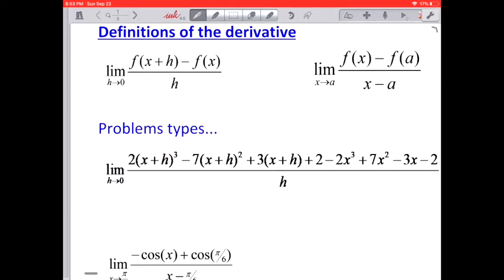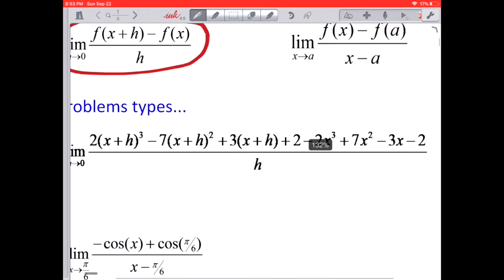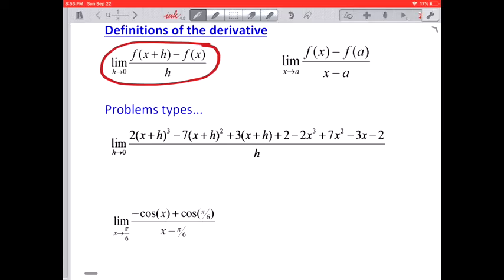The first thing we're going to look at is the definition of the derivative. On the left, we have the one you're probably more familiar with. That's the limit as h goes to 0 of f of x plus h minus f of x all over h. And if we look at this common problem type below, you'll see an ugly mess, but you'll notice x plus h's. Now, if you carefully distribute the negative through to all of these, you will see that that is your original function, but you have to be careful to change that to a minus, this to a plus, and this to a plus.